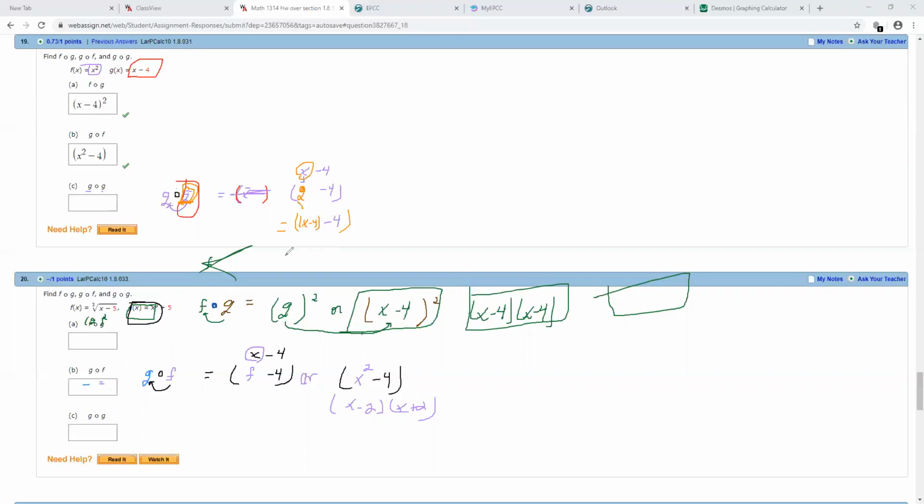So now clean it up. And what do we get here, of course? We get our brand new function. X minus 4 more is x minus what? 8. And we're done.